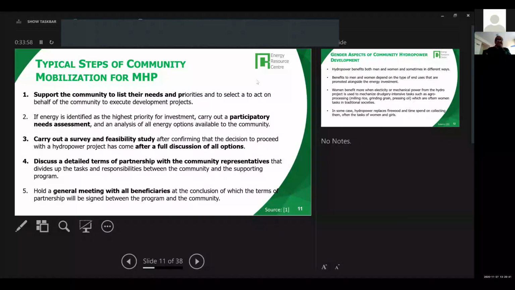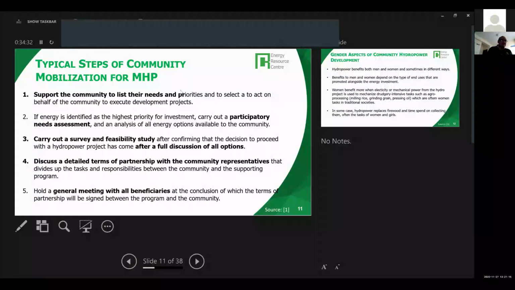Then you discuss the detailed terms of partnership with the community representative, and then come up with the tasks and responsibilities between the community and the supporting program. So now you have to divide the tasks between the communities and the project developers, for example. Similarly, you need to hold a general meeting with all beneficiaries at the conclusion to agree on the terms and partnerships to be signed between the program and the community.